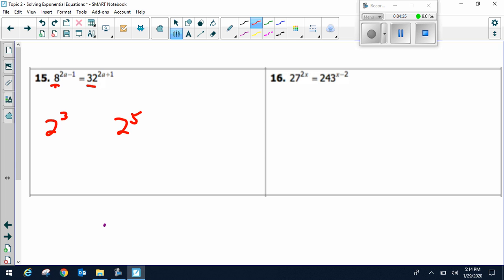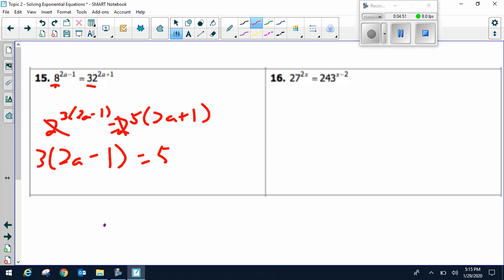And what that's going to do is it's going to be multiplied to whatever exponent's currently up there. So now they both have a common base of 2, so those bases drop. So it's just 3 times 2a minus 1 equals 5 times 2a plus 1. And it's just solve for a.